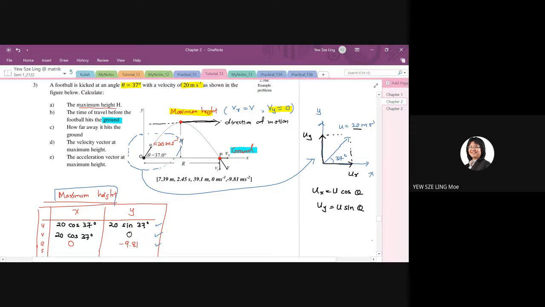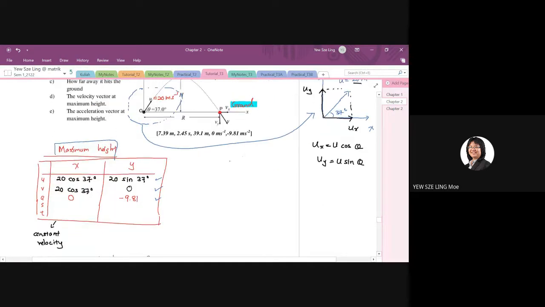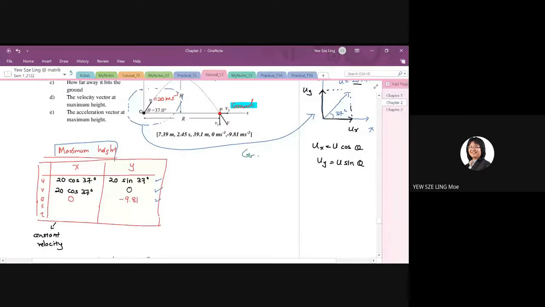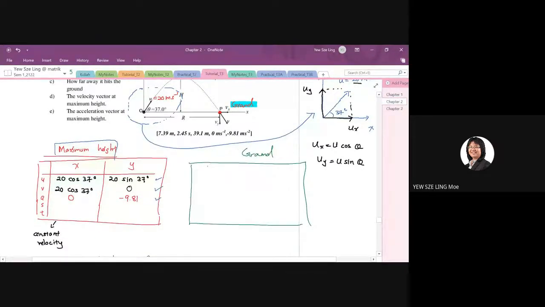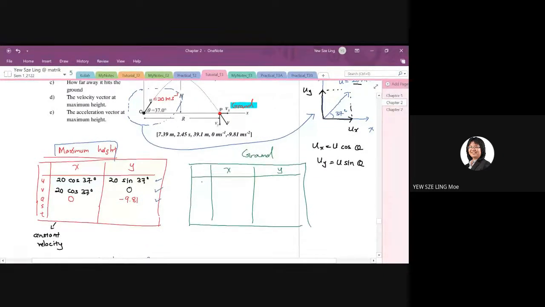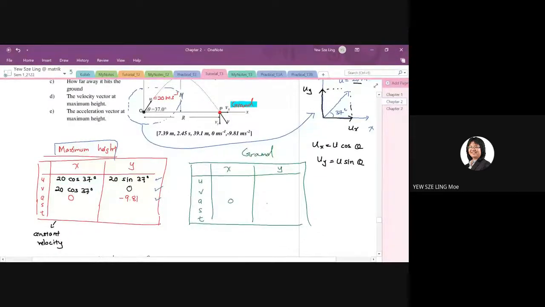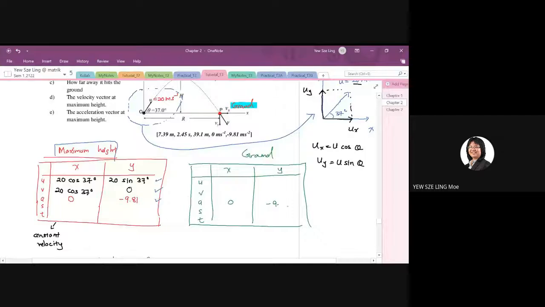So next, I want to form a table for when the object is at ground. I'm going to repeat the table again: X component, Y component, U, V, A, S, T. AX is 0, AY is negative 9.81.